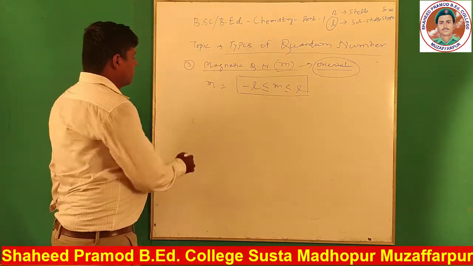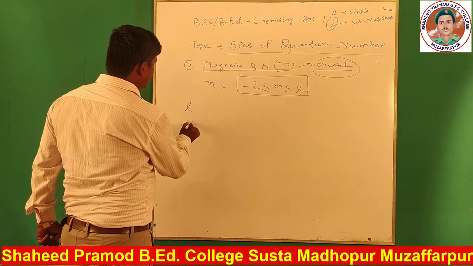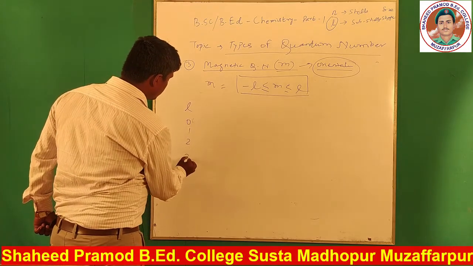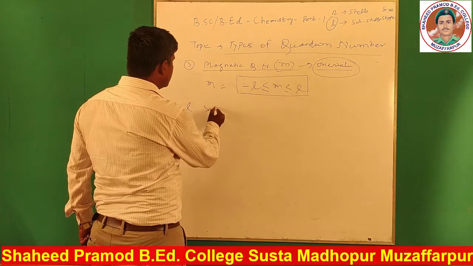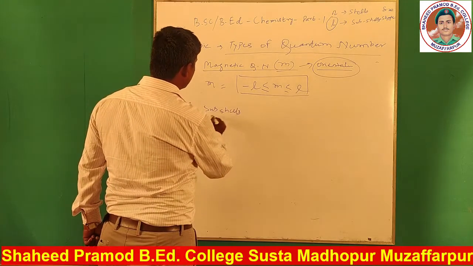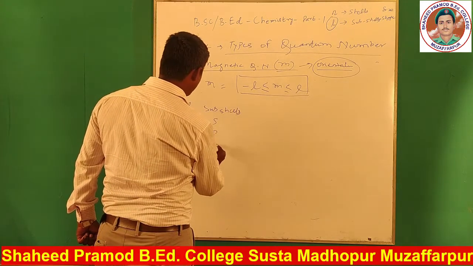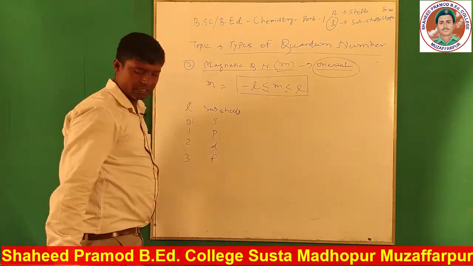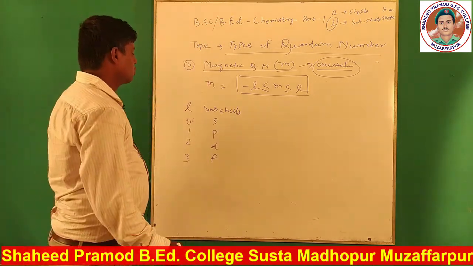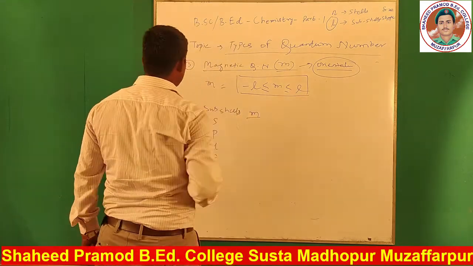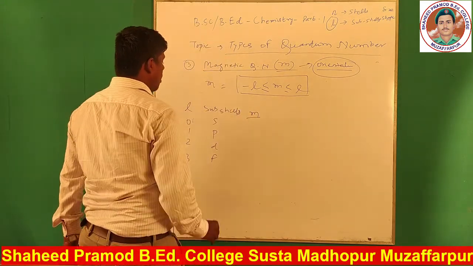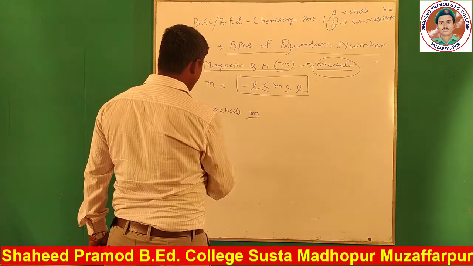For example, if you are having L as 0, 1, 2, 3, what will be the subcells? S, P, D and F. So what will be the M values for L equal to 0, 1, 2, 3, for S, P, D and F subcells?